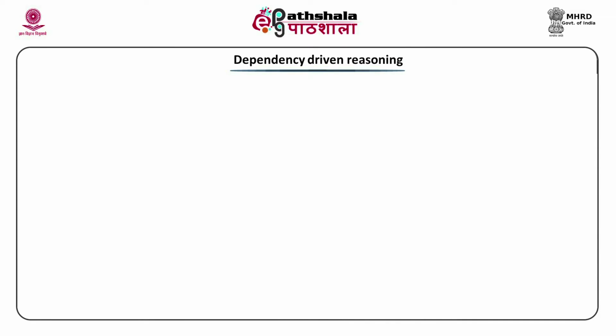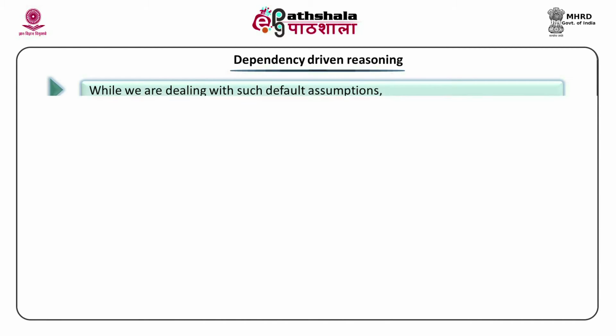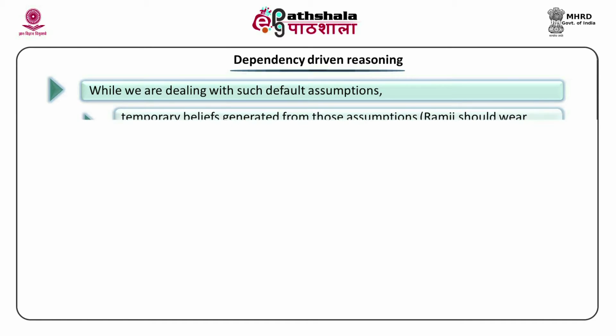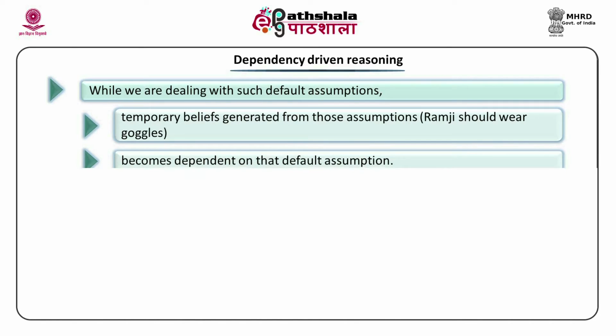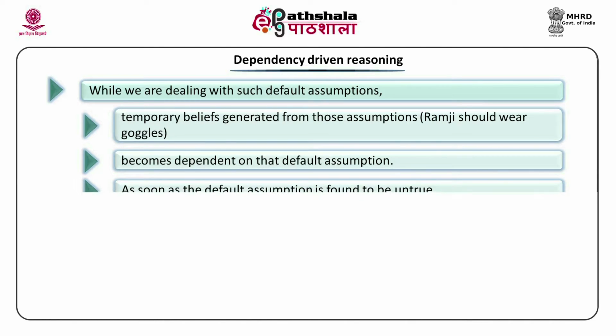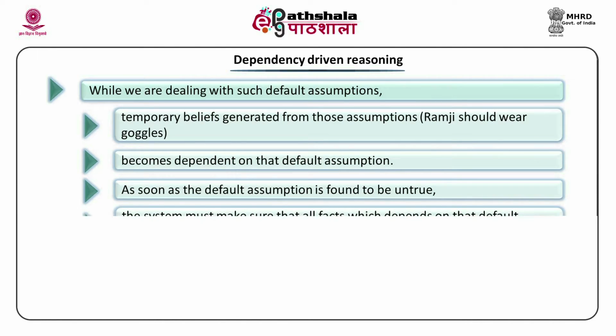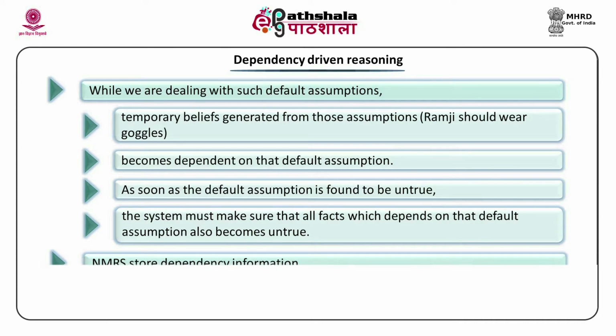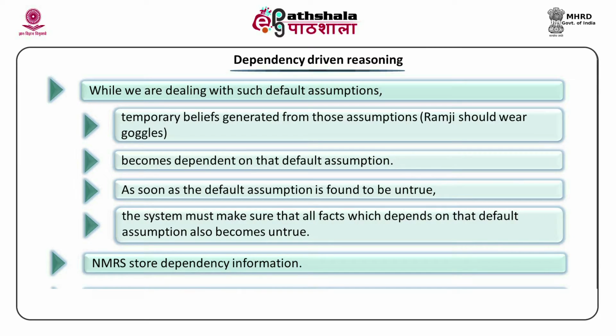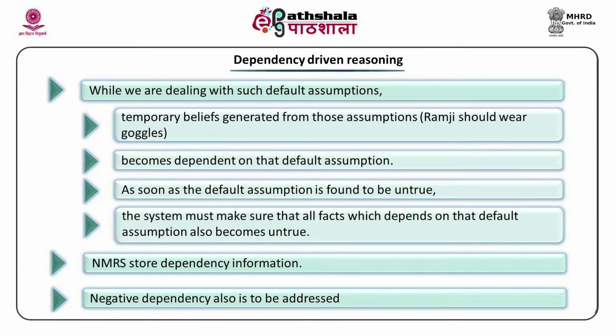And this is also called dependency driven reasoning. Whenever something becomes false, everything resting on that is taken out. When a new fact comes in, everything resting on that comes in. That is called dependency driven reasoning. Sometimes dependency driven backtracking also is applied, but I am not going to discuss how that is done, because there are multiple options. Remember, we have talked about backtracking.